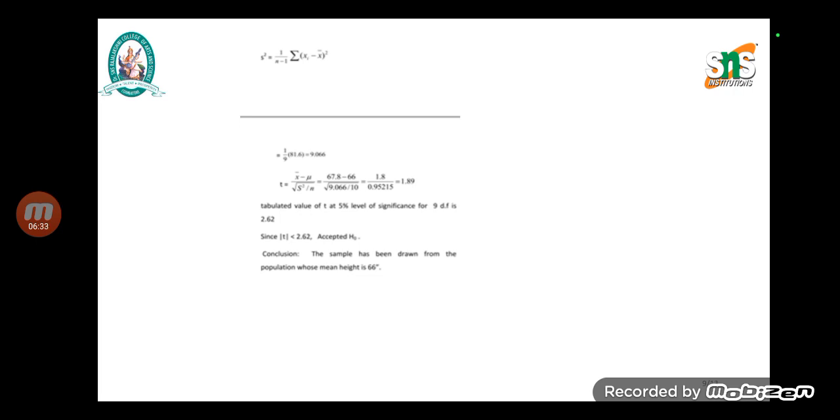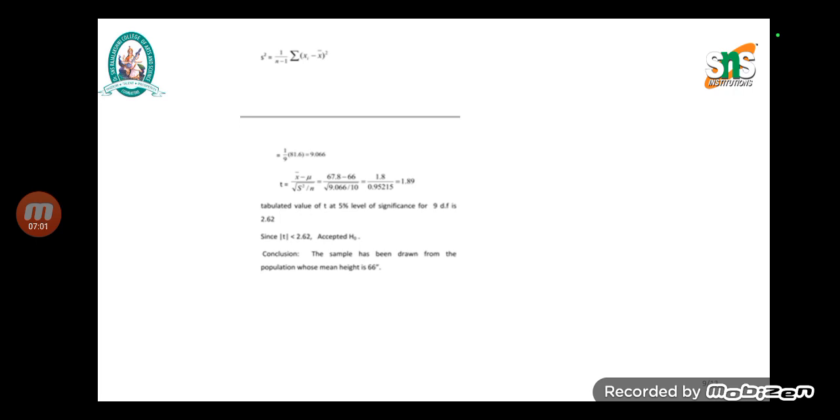That is the sum of squares of deviations from the mean divided by the number of data minus 1. We already calculated the sum of squares of deviations as 81.6. The number of data is 10, and 10 minus 1 is 9. After reducing, we get 9.066. So this is the variance, and its root is the standard deviation.